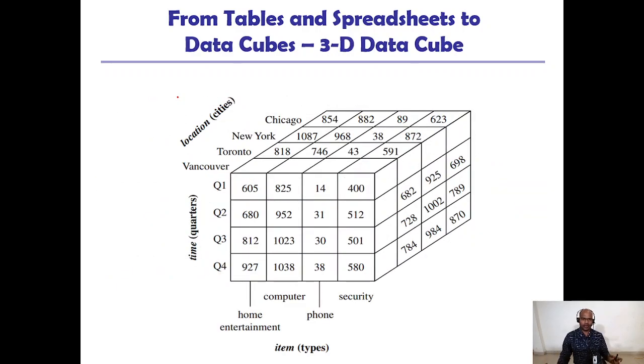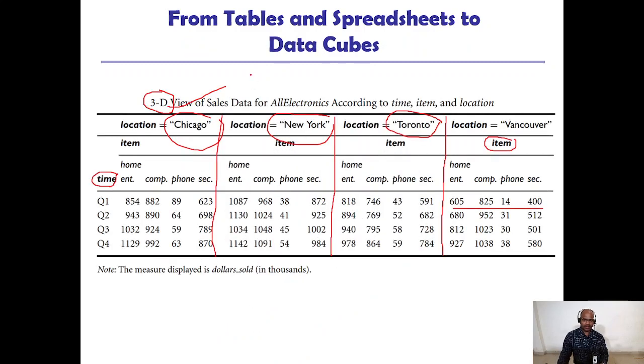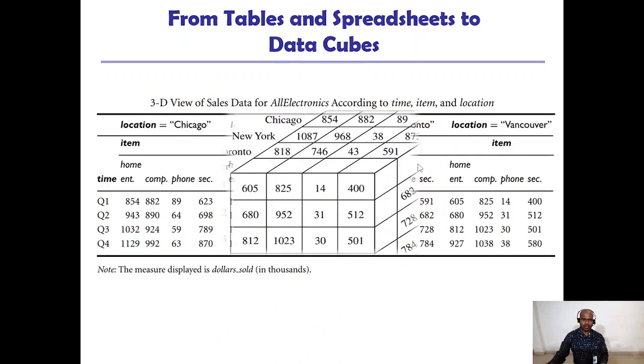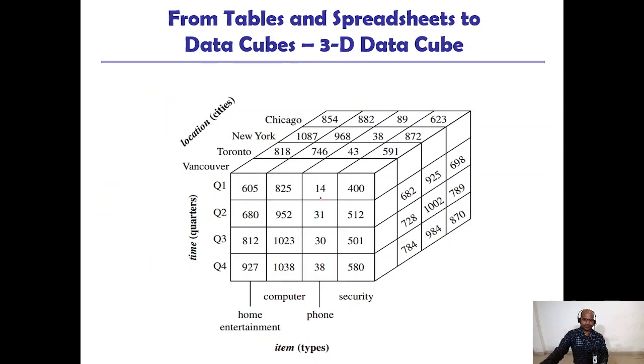Now this is the example for a data cube. What we saw in the previous slide is represented as a cube. When we construct a cube based on this data, it looks like this. We have location, time on one axis, and item type on another axis. All the data available in these tables is stored here. So this is Q1 data for Vancouver of home entertainment, Q1 data of computers in Vancouver.